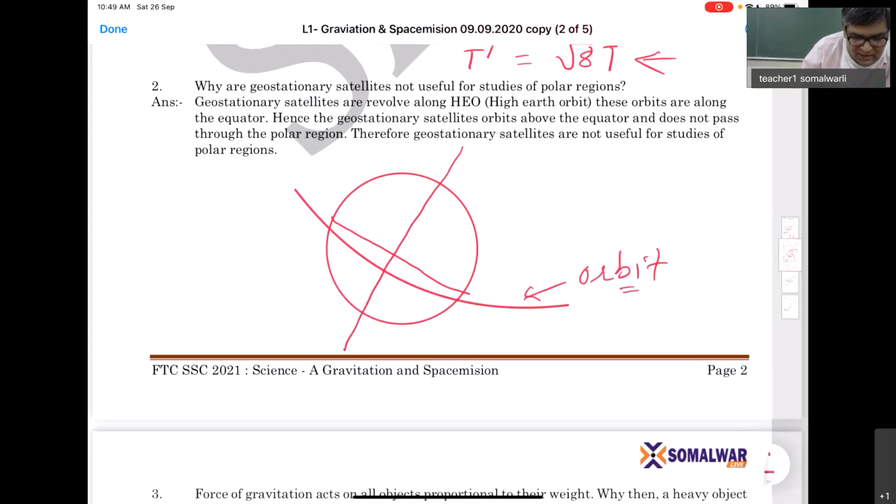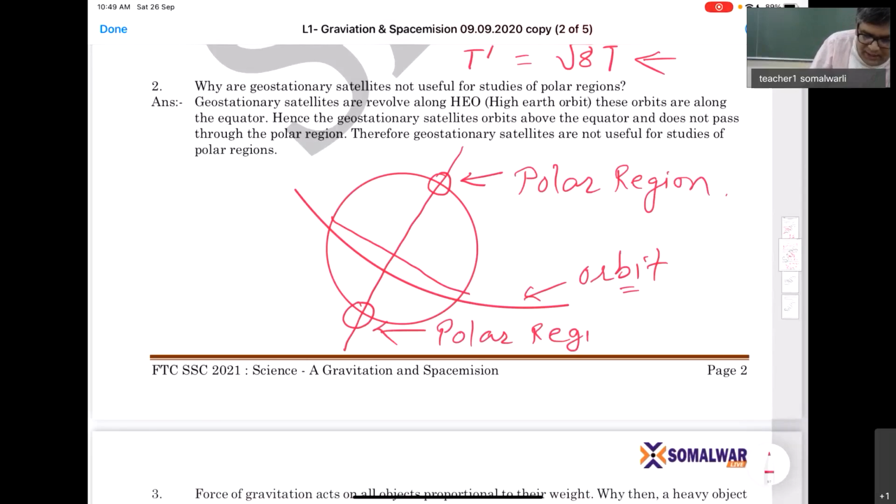This is the orbit of a geostationary satellite, and they go exactly above the equator of the Earth, and that means the satellite will not be accessible to the regions which are extreme polar. This is the polar region. You can see this is a polar region. Similarly, this is also a polar region, and these polar regions do not have access to the satellites when they are geostationary.